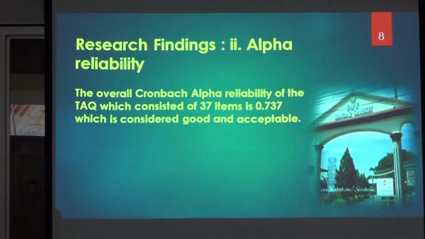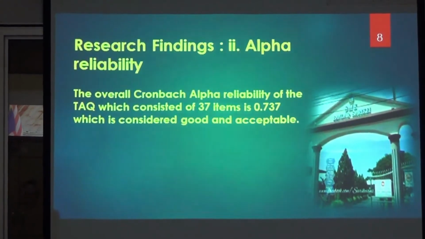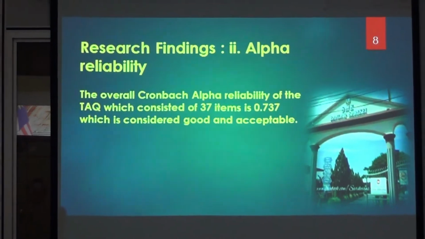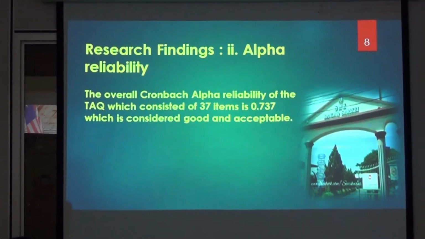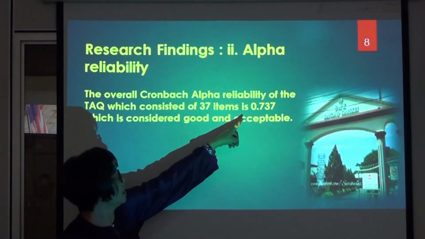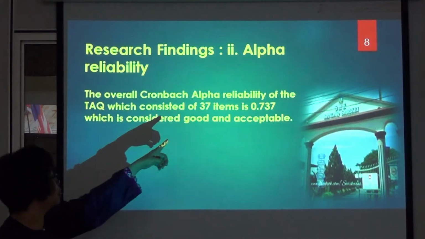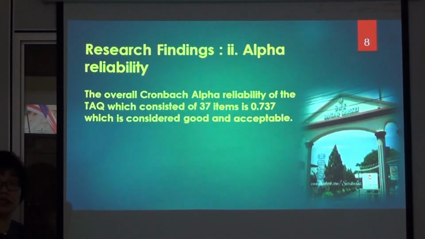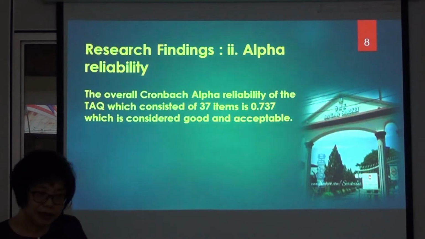Then the second component of my research finding is the alpha reliability. The overall Cronbach's alpha reliability of the TAQ, which consists of 37 items, is 0.737, which is considered good and acceptable.